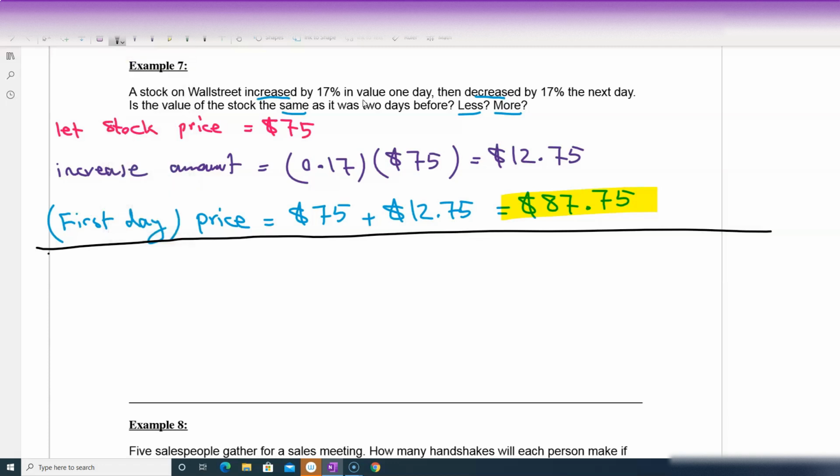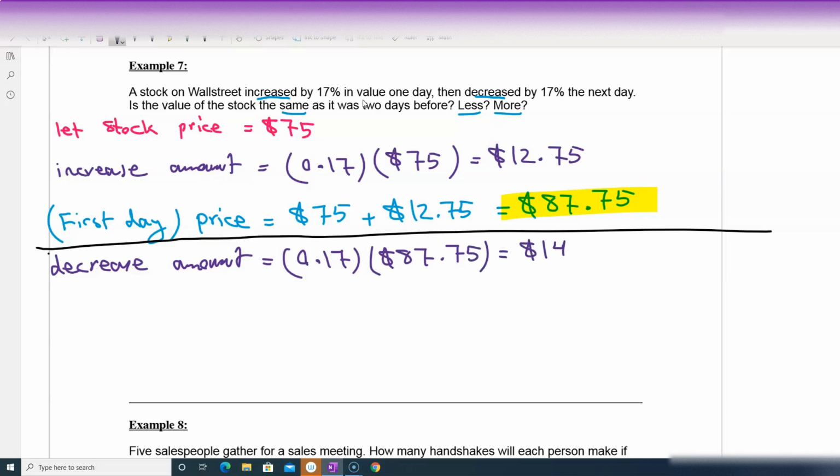Now, after that, we have decreased. So finding the decrease amount. Again, 17%. Now this is based on what the price is after 1 day, not $75. It's $87.75. I use that number. This is equal to $14.92. Now since we have decreased, we should subtract.